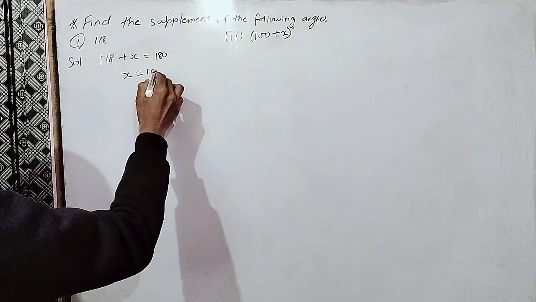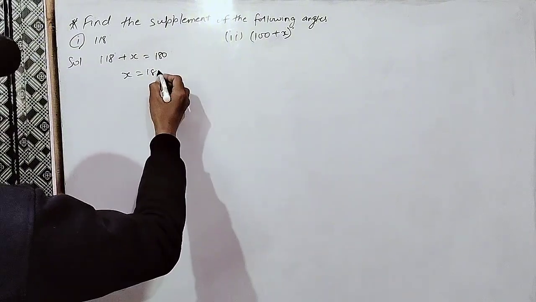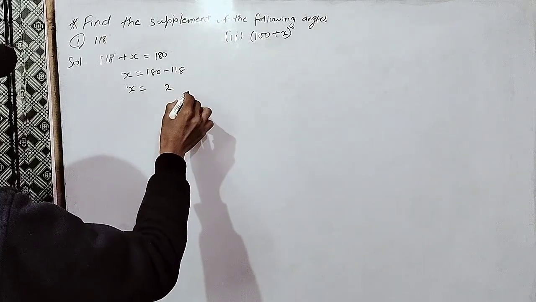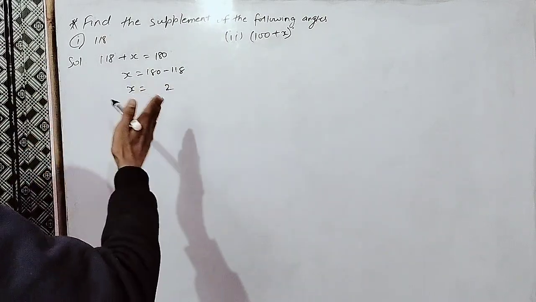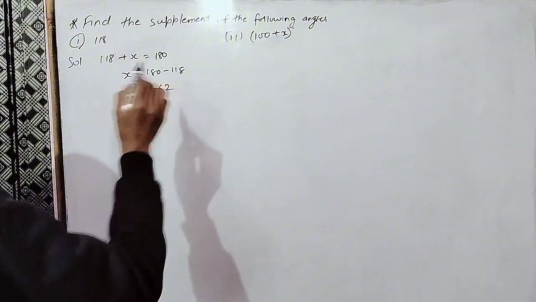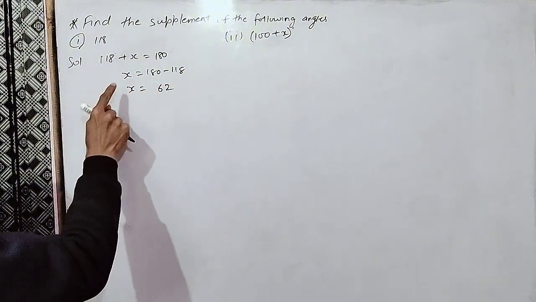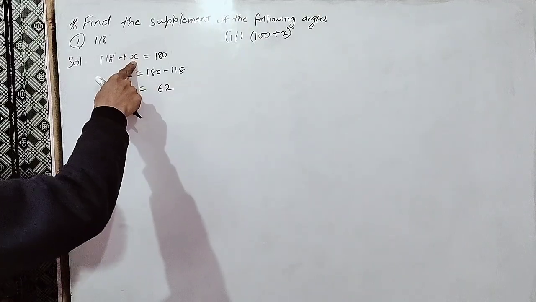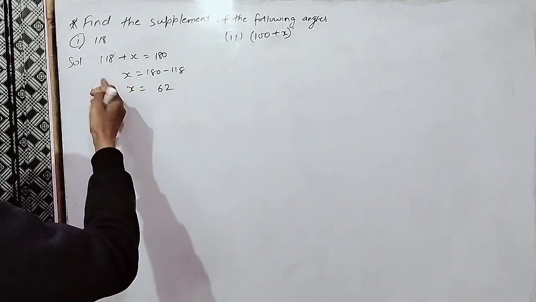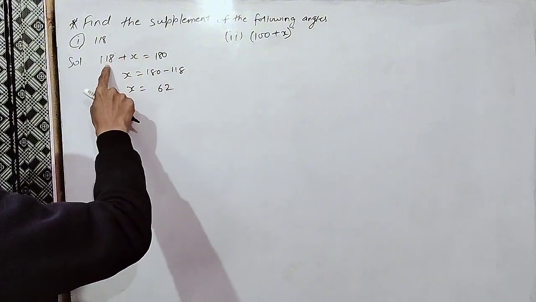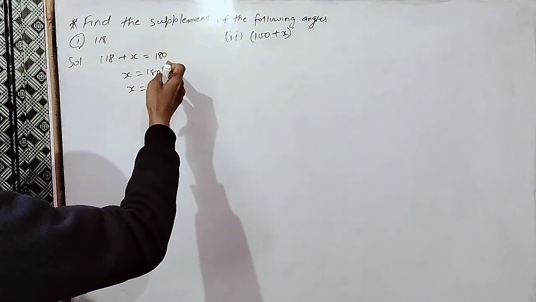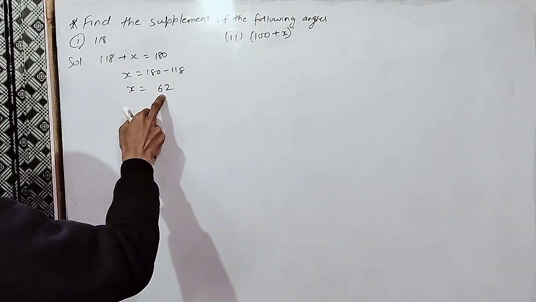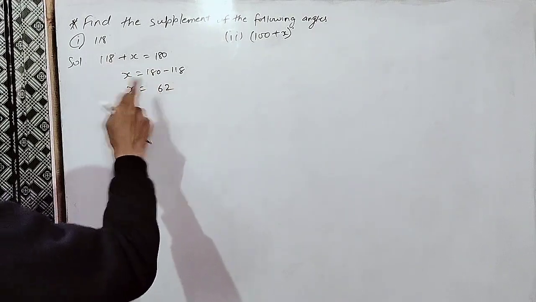Now its equation: 180 minus 154 is 26. Am I right? Yeah. Now you can look. Just put the value of this in place of x, then you would get equal value. The value of this would be 180, whereas this is also 180.